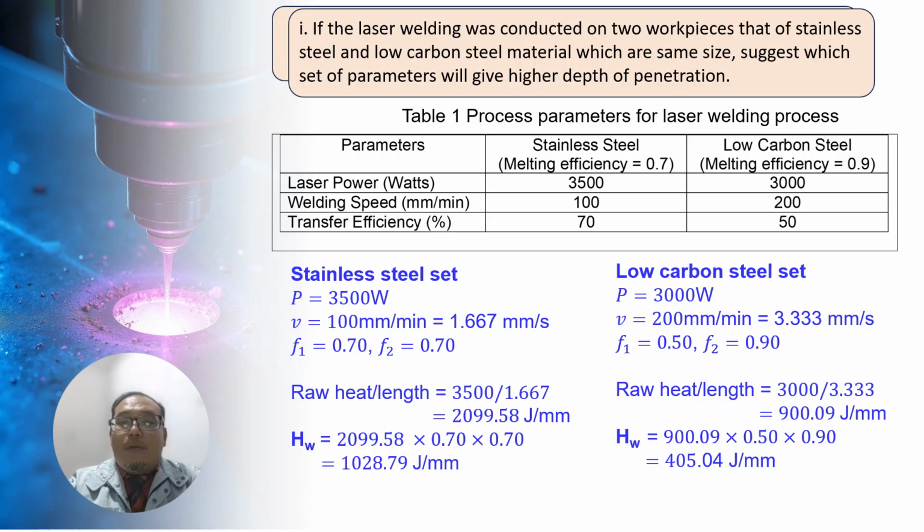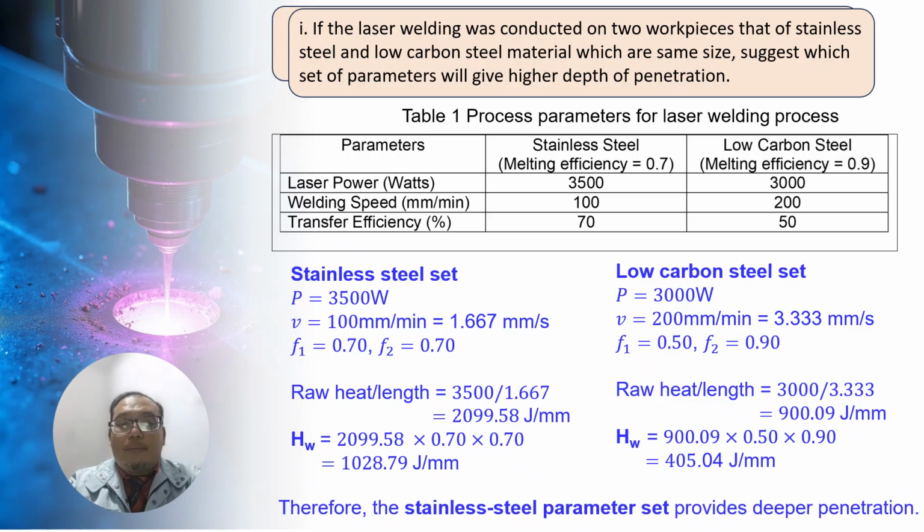The raw heat over the length is 3000 divided by 3.333, which equals 900.09 joule per mm. The net heat available for the low carbon steel set, we calculate by 900.09 times 0.5 times 0.9, and the answer is 405.04 joule per mm.